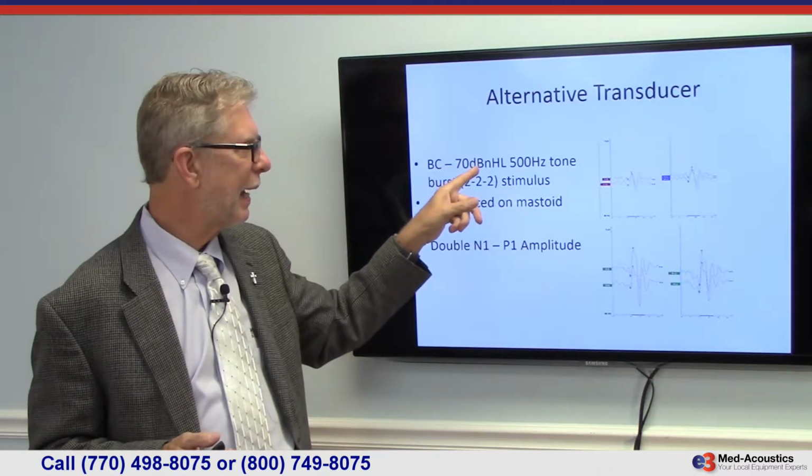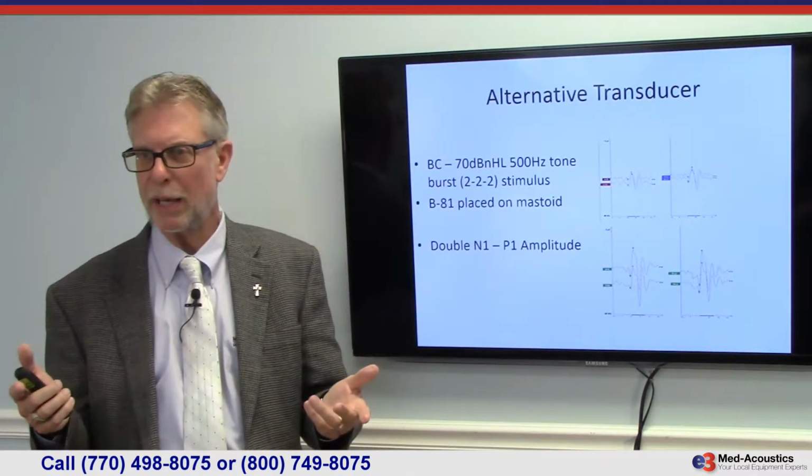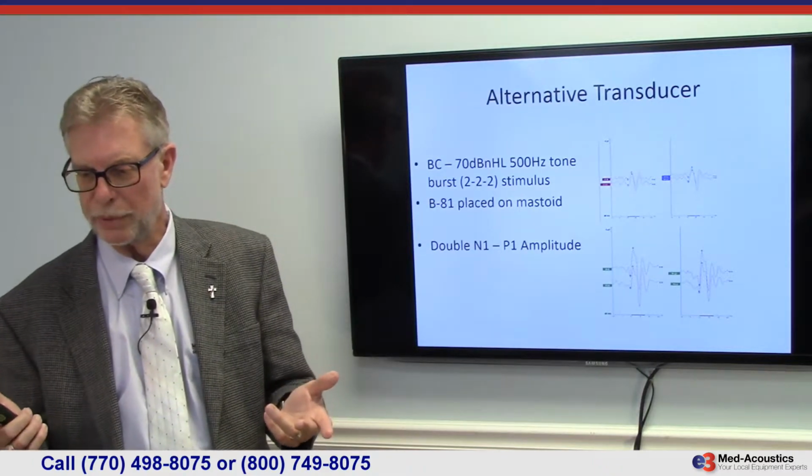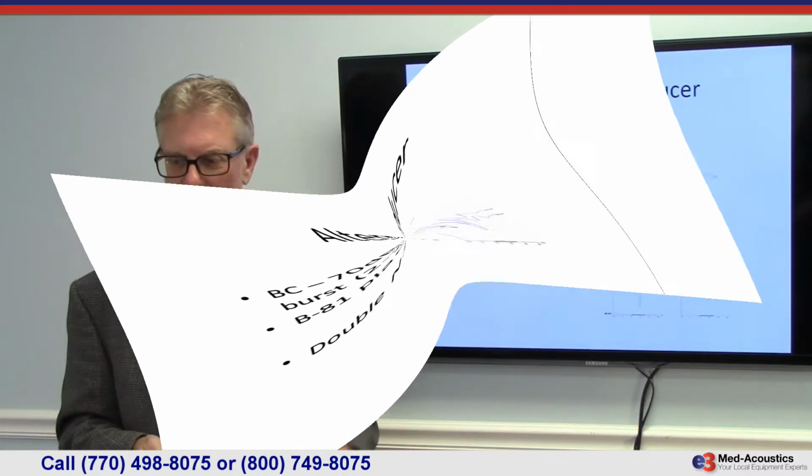But 70 dB NHL is the intensity. The bone vibrator is located on the mastoid, and it gives you at least double the amplitude. At least initially, that's what the study is showing. The study is not complete yet, so we're not recommending that, but there's a high possibility that that would be the stimulator of choice for OVEMPs.